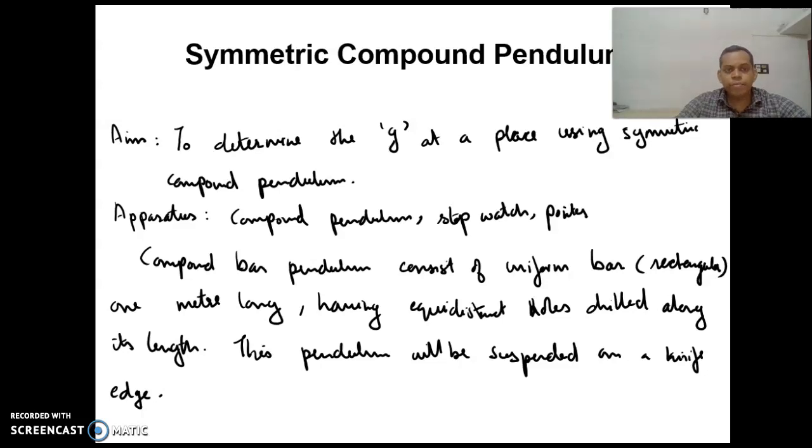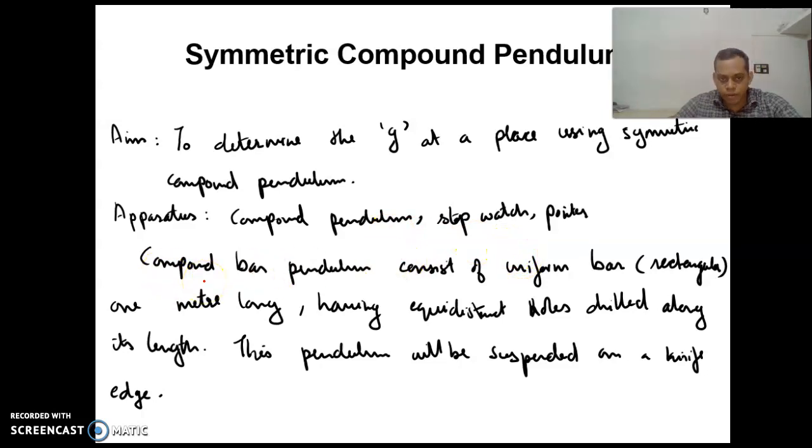So the aim is to determine the acceleration due to gravity at a place using a symmetric compound pendulum. We need apparatus like a compound bar pendulum, a stopwatch, and a pointer, which we will be keeping in the knee so that we can get the number of oscillations.